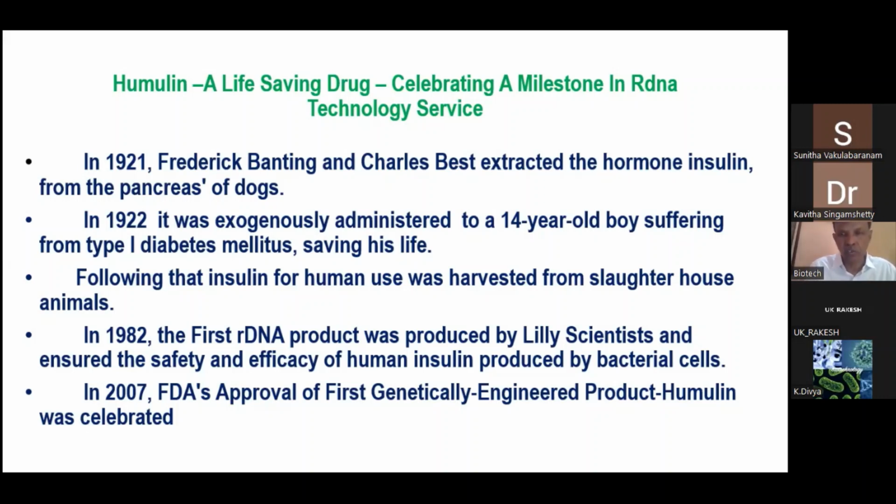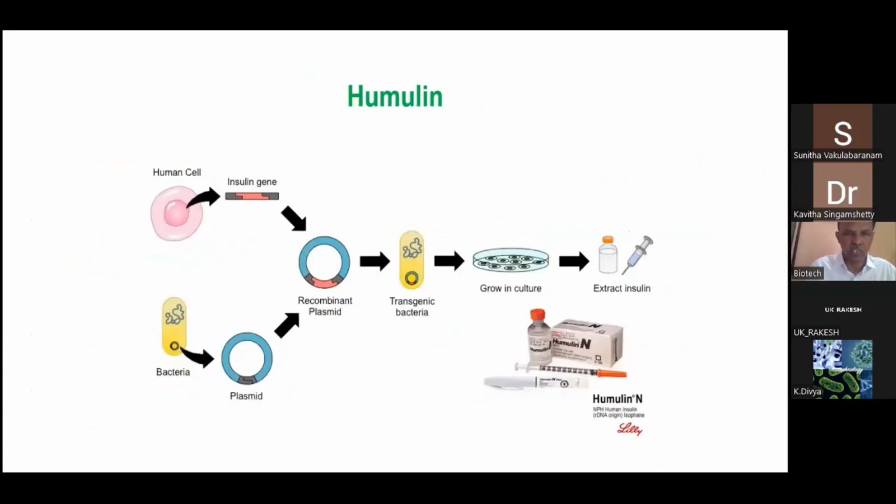I will not go into those details. You can discuss this when you ask questions, right? So this is how the technology is being worked out, and you see that in our house, our grandmother, great grandmother, grandfather will be using 1 or 2 shots of humulin. Otherwise, they will not have the sugar controlled in their bloodstream.